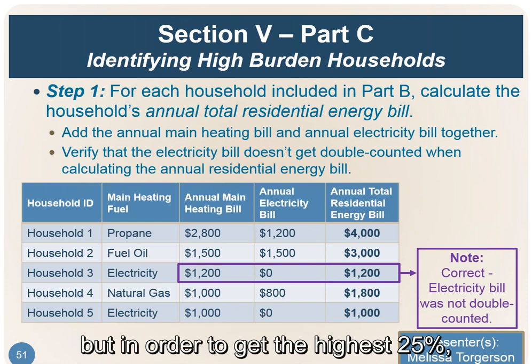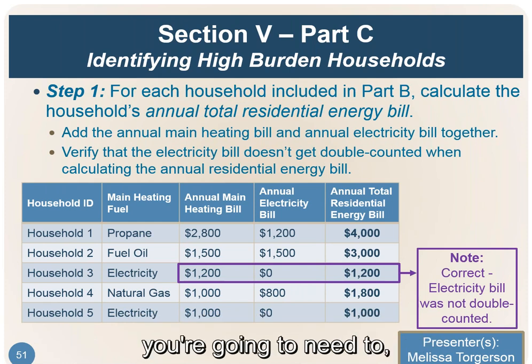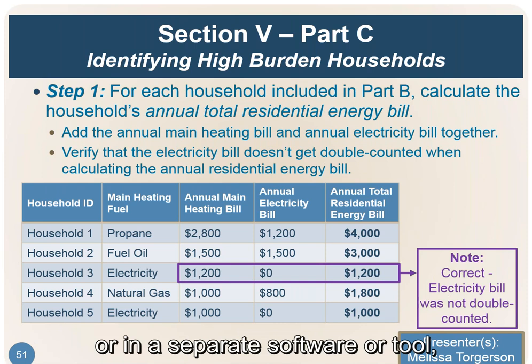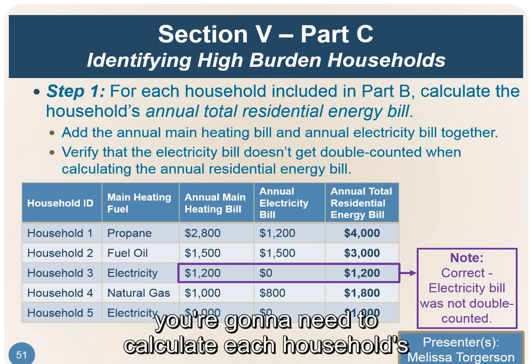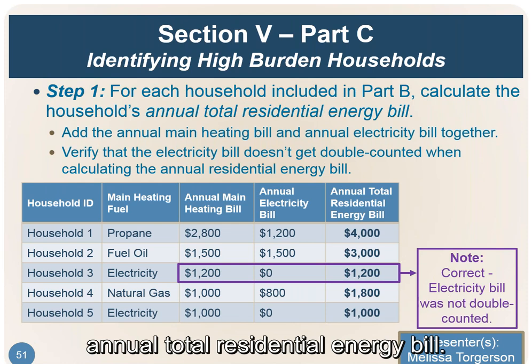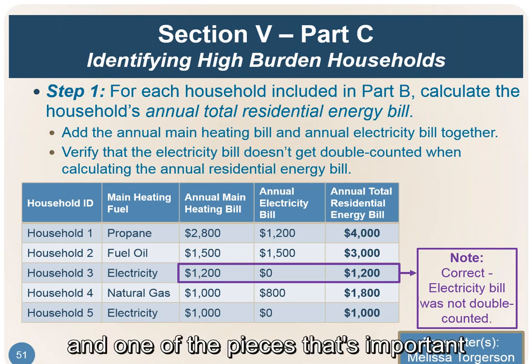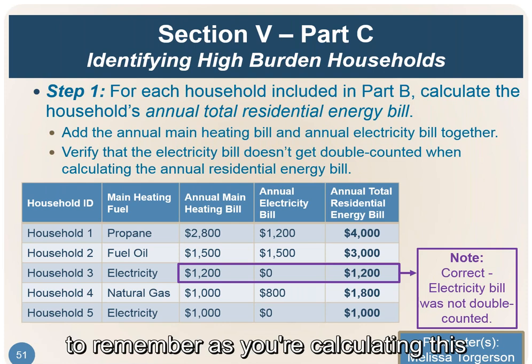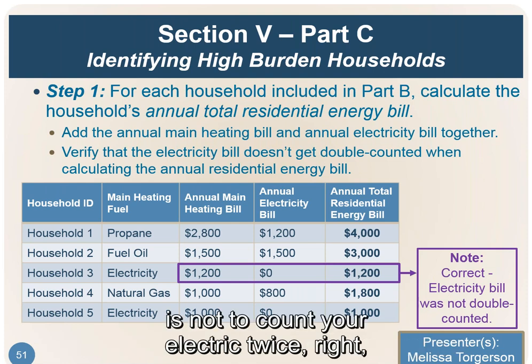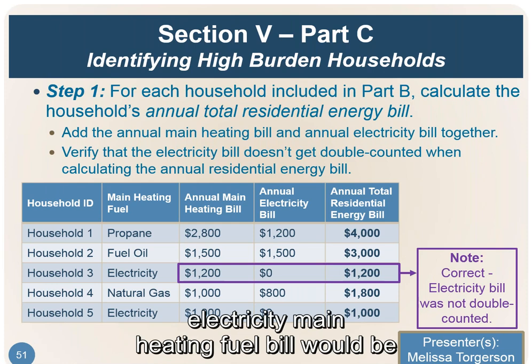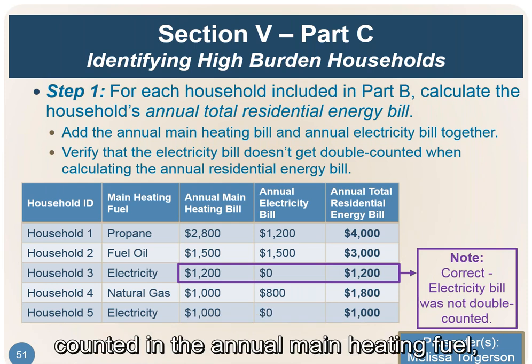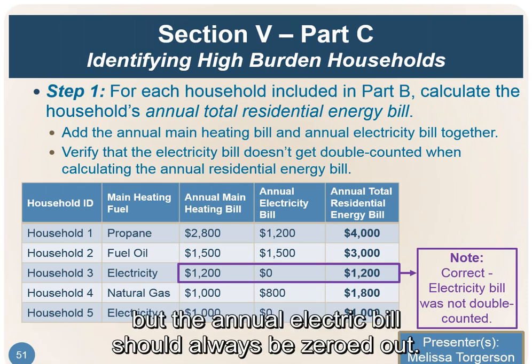But in order to get the highest 25%, you're going to need to, either in your database or in a separate software or tool, calculate each household's annual total residential energy bill. This tells you how to do that. One important thing to remember as you're calculating this is not to count your electric twice. Electricity as a main heating fuel would be counted in the annual main heating fuel bill, but the annual electric bill should always be zeroed out.